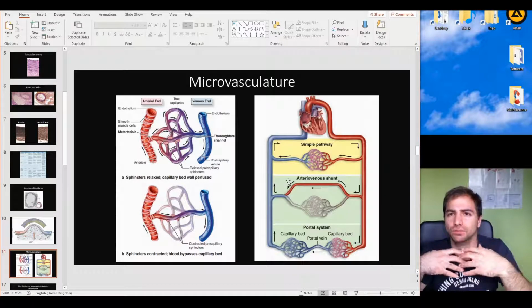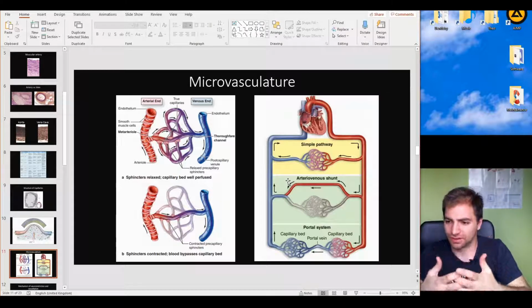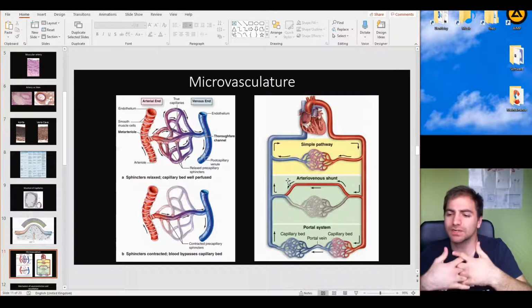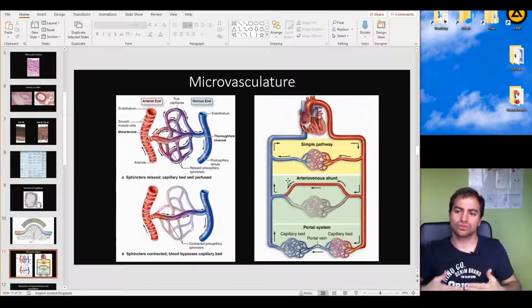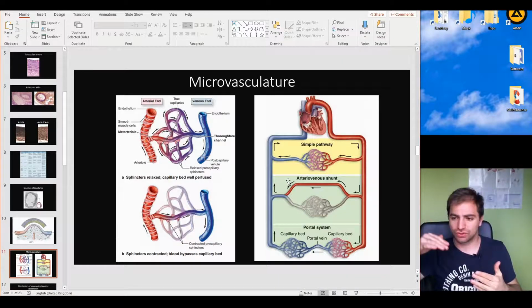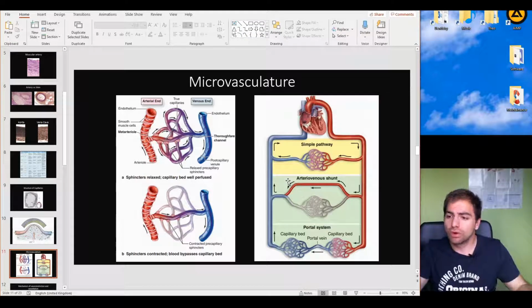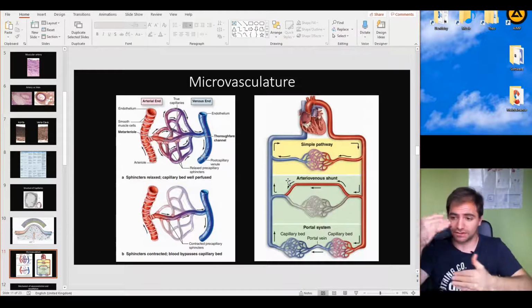Again, the most important thing to remember is that the surface area of the capillaries is directly proportional to the amount of molecules that come and go from the blood into the interstitial tissues. It simply means that the more active surface you have for the capillaries, the more molecules you can exchange from the tissue and the organ to the blood and vice versa.